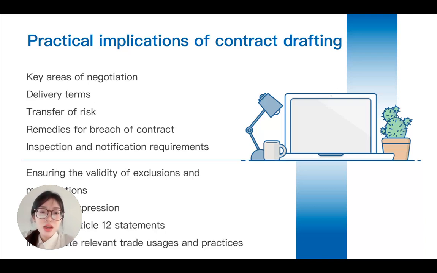Risk of loss, adjusting the point at which risk transfers from seller to buyer, dealing with special commercial realities.